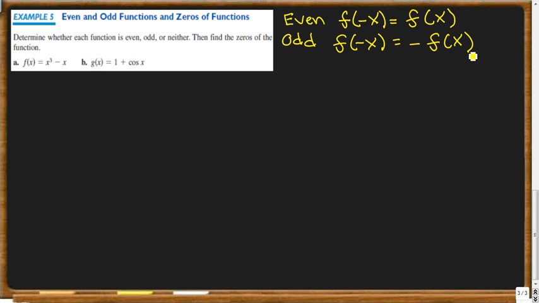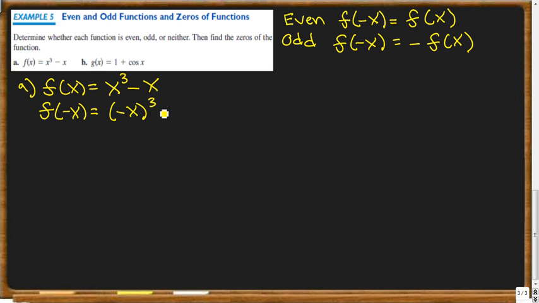So for a, we've got f of x equals x cubed minus x. So f of negative x is negative x cubed minus negative x, which is the same as negative x cubed plus x, which these two things are in fact opposites of each other.